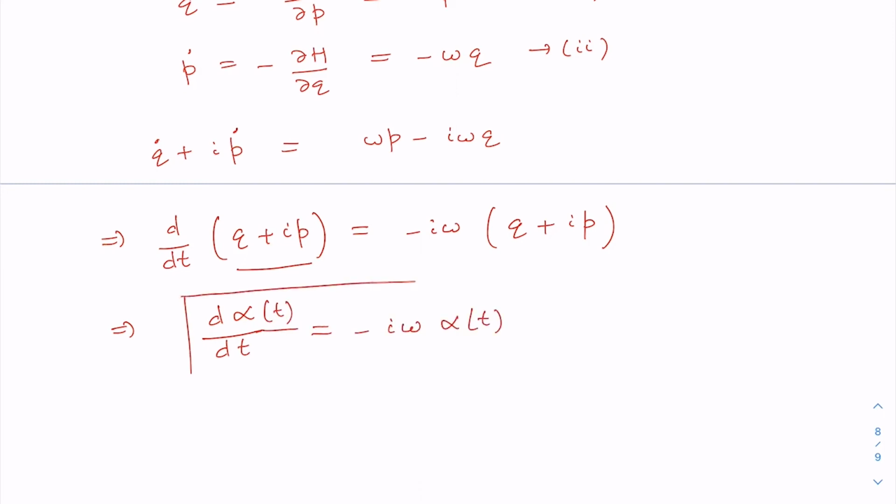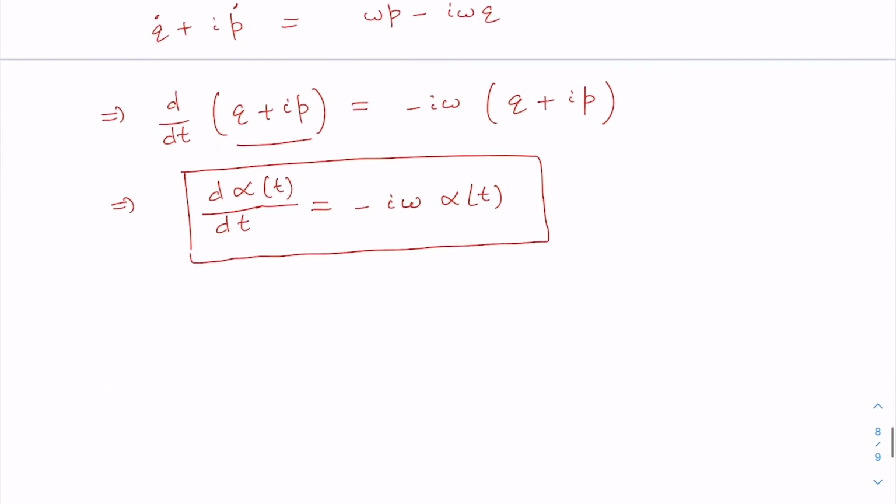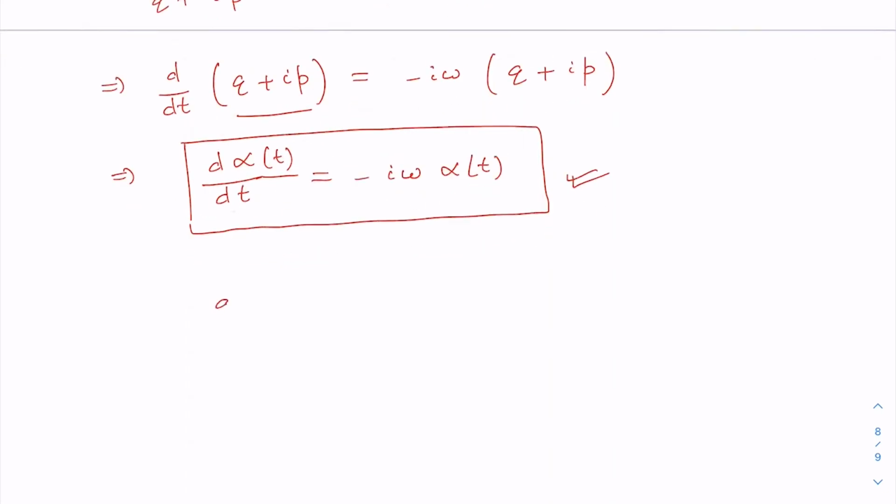This is the same equation that we obtained earlier from Maxwell equations. Now we are getting it from Hamilton's equations. So clearly this means that Q and P are canonically conjugate variables, because we are able to derive a known dynamics of these variables.